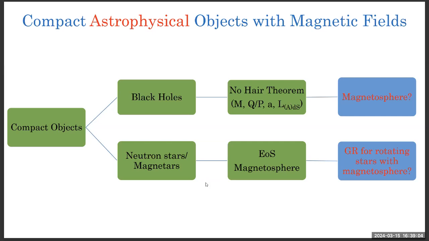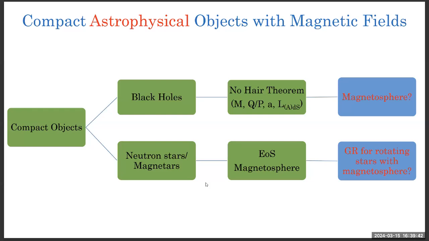That is a challenging problem, but in real astrophysics, black holes are surrounded by a plasma environment. It has a magnetosphere. It has magnetic field. Now, how to describe this highly compact astrophysical object with the magnetic field in general relativity? That is a challenge that has lasted more than a century. Nobody succeeded. I will tell you about that.